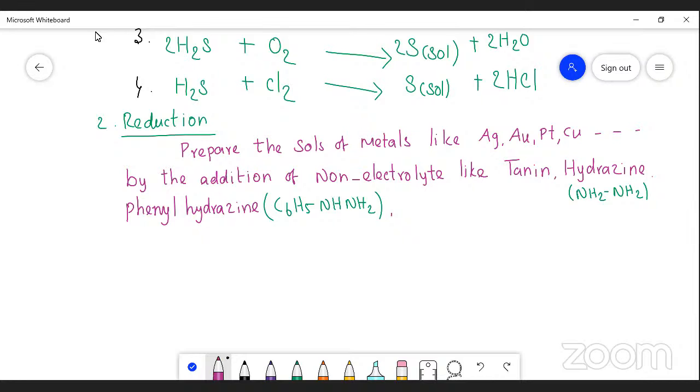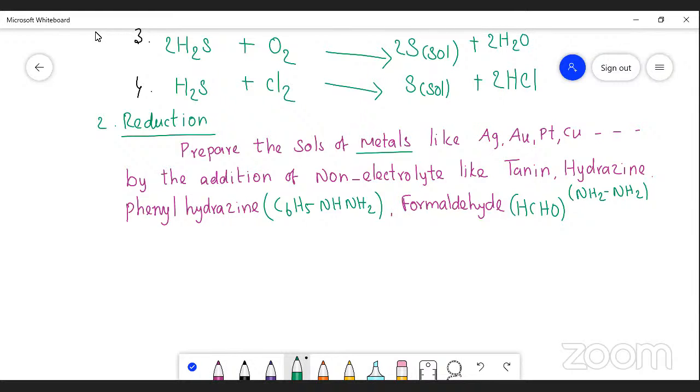What is that? Formaldehyde. We are using reducing agents, that is formaldehyde, HCHO. So here we are preparing the salts of metals like silver, gold, platinum and copper by the addition of a non-electrolyte.